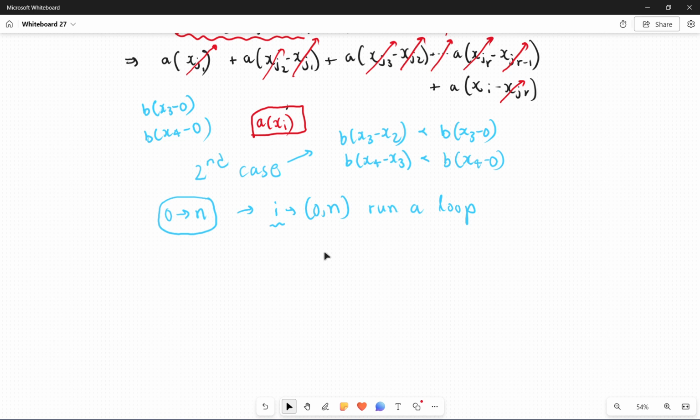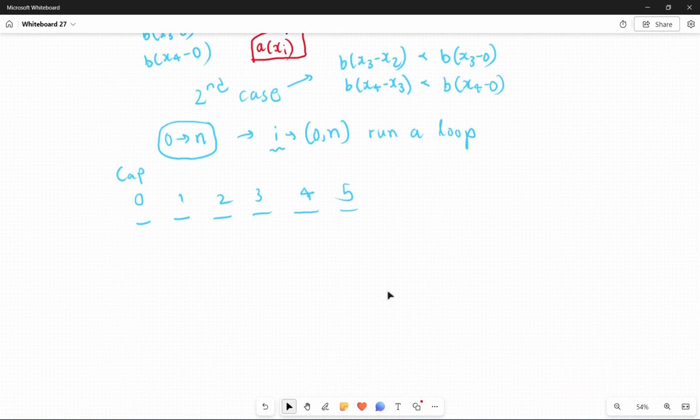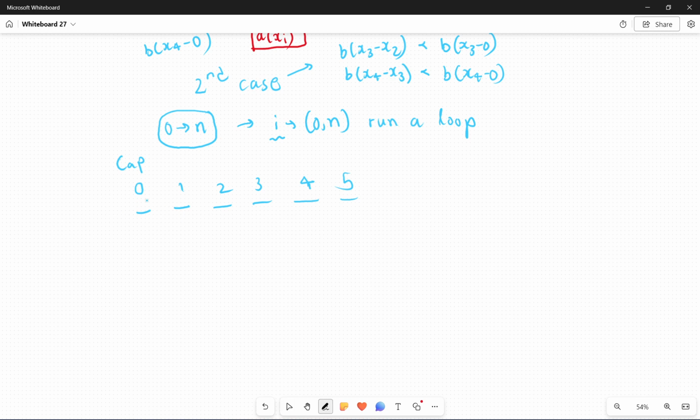Suppose you are at the zeroth index initially, then first index, second index, third index, fourth index, fifth index. This is your capital city, cap, at 0. You determine that your capital city is going to be at 0 only, and you are not going to touch it.